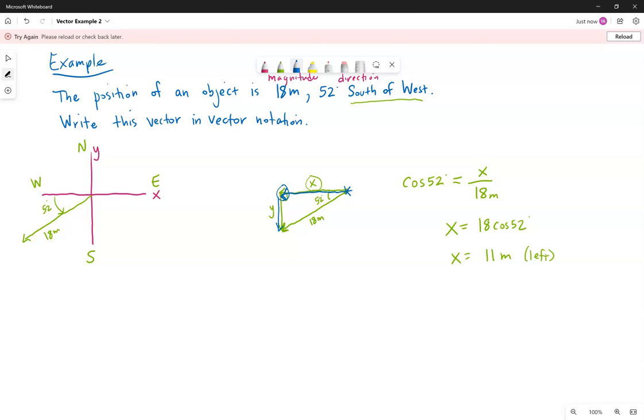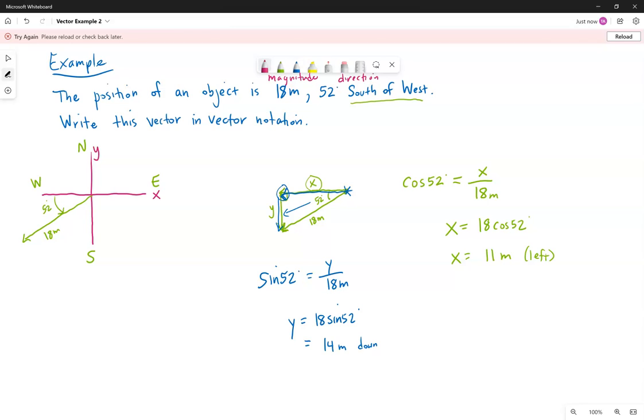To find the y side, that's adjacent to our 52, and sorry, it's opposite. So the sine of 52 degrees is the y side, the opposite side, over the 18 meters. So the y side will have a length of 18 times the sine of 52. So a length of 14, but we had to travel down to represent that completely.